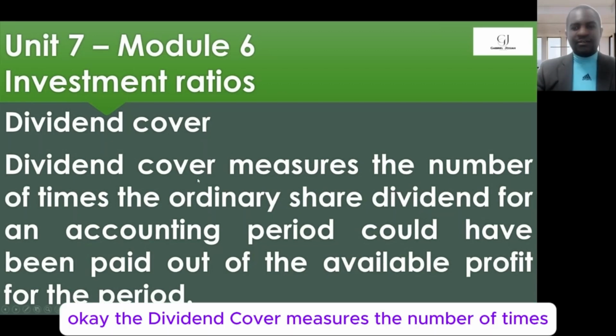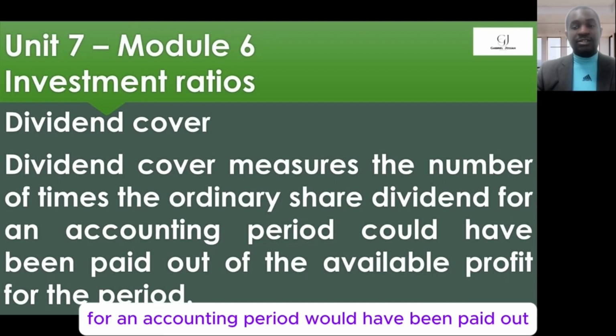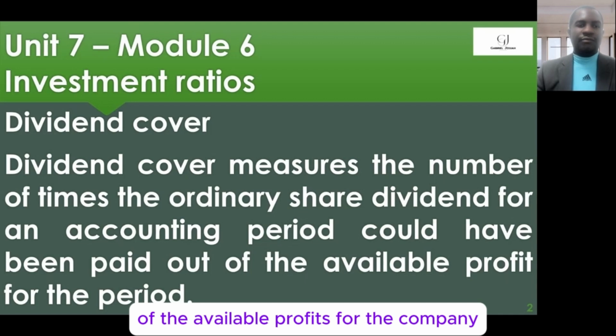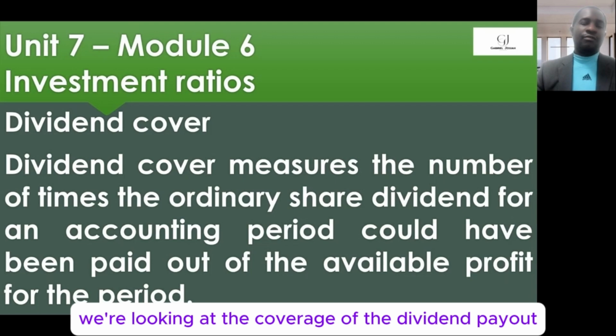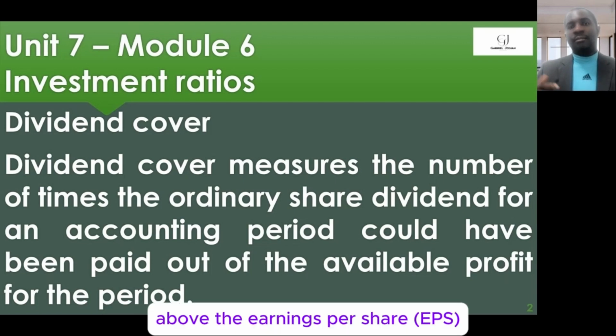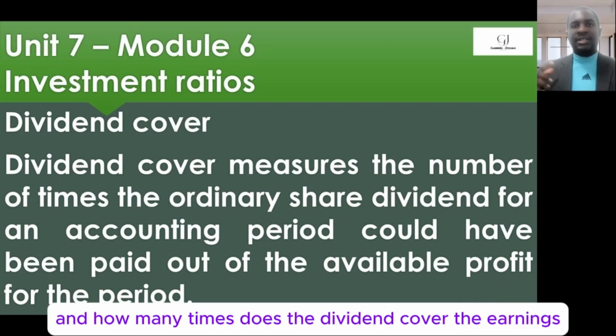Dividend cover measures the number of times the ordinary share dividend for an accounting period could have been paid out of the available profits for the company. So we're looking at the coverage of the dividend payout above the earnings per share. How many times does the dividend cover the earnings?